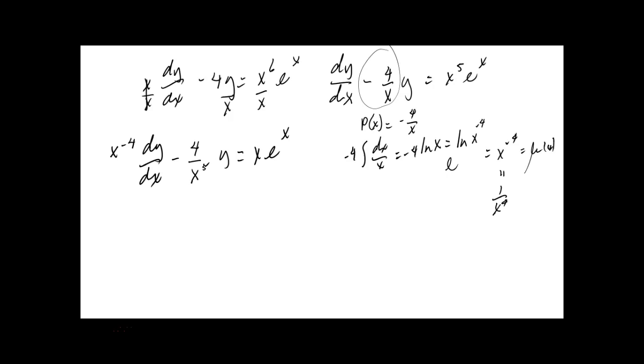Now, here's the deal. This left-hand side is supposed to be a perfect derivative of your integrating factor, that's x to the minus 4 times your y. That's what it's supposed to be, and if you've done everything right, that's what it should be.